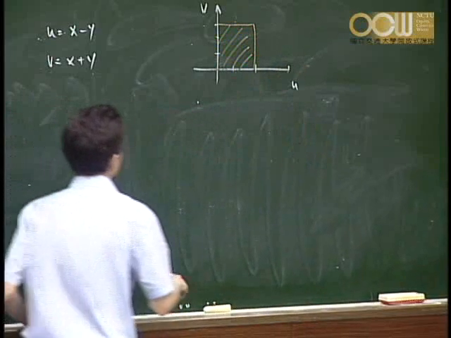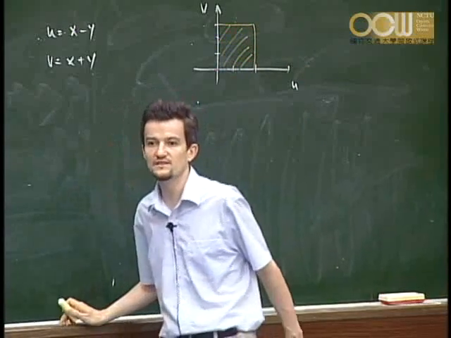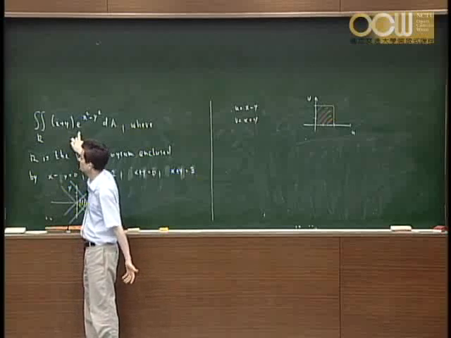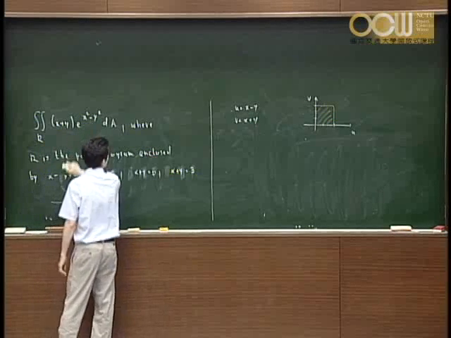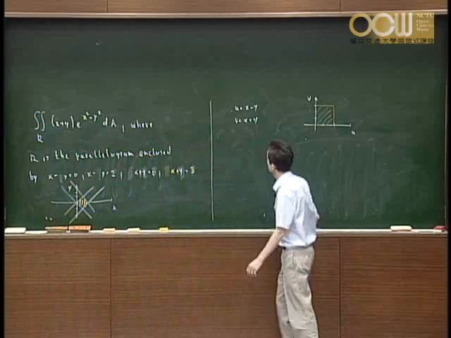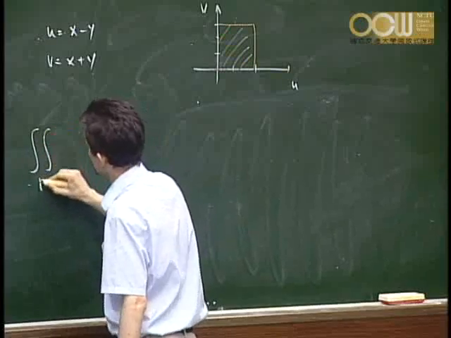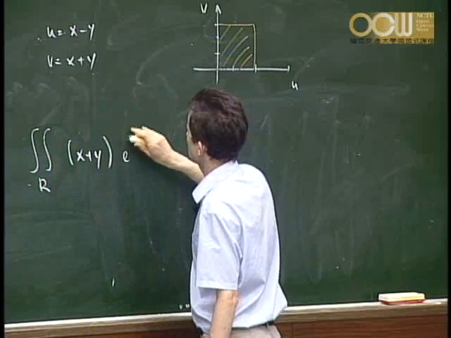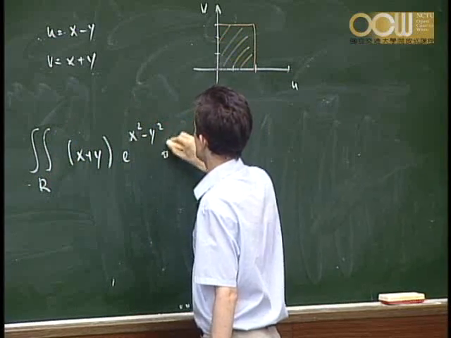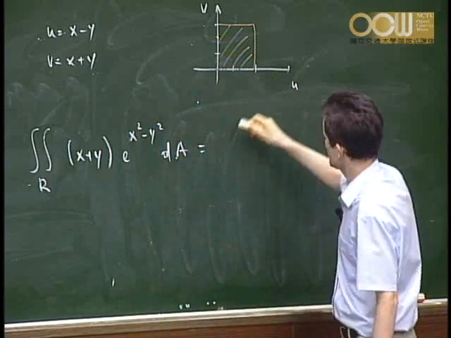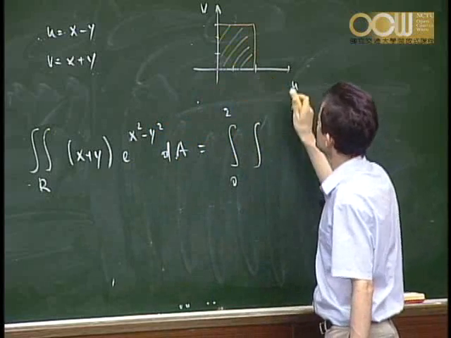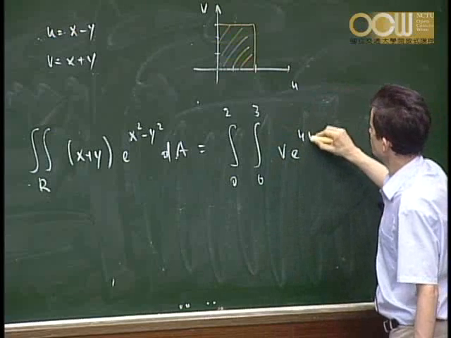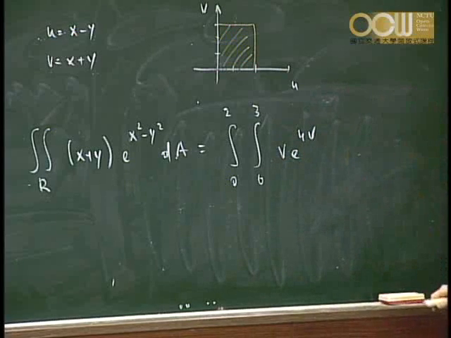Normally doing substitution doesn't make sense if the function is getting much more complicated, but you see the function is also getting easier, because this one will be v, and this one u times v. So the double integral over R of x plus y times e to the x squared minus y squared dA will become, with u going from 0 to 2 and v going from 0 to 3, v e to the uv, and here we still have to compute the Jacobian.